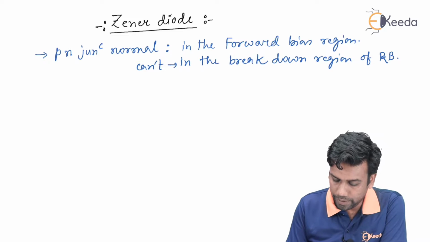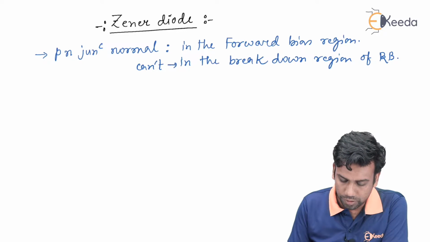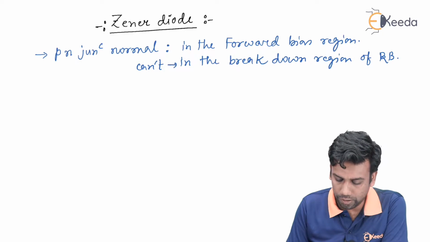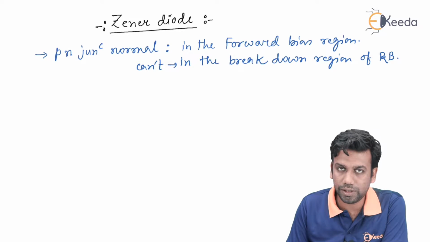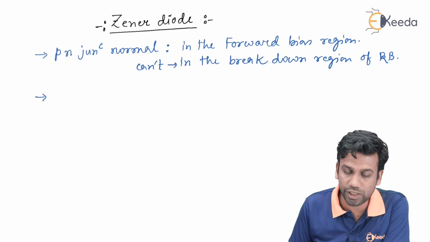So we need a diode which can operate in the breakdown region of a PN junction diode, and that diode is the Zener diode.